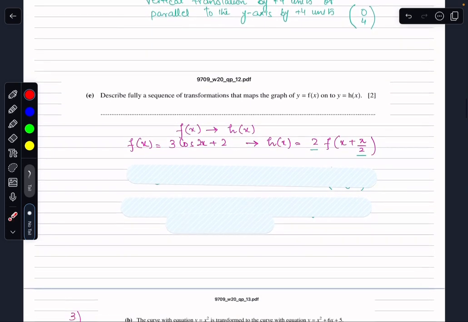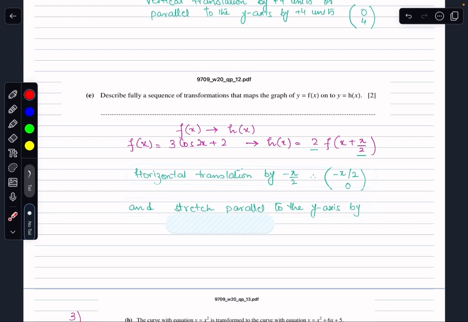The next part of the same question says, describe fully a sequence of transformations that maps the graph y equals f of x onto y equals h of x. So f of x is getting transformed onto h of x. F of x is 3 cos of 2x plus 2, and h of x was twice f of x plus pi by 2.